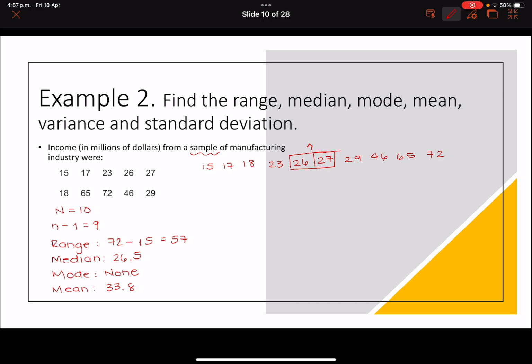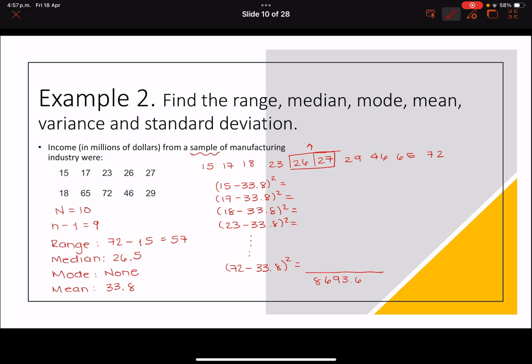Now to find the variance and the standard deviation. Again, I have 15 minus 33.8 squared, and then 17 minus 33.8 squared, 18 minus 33.8 squared, 23, and I do this with every data point until I get to 72 minus 33.8 squared. I add them all and I get 8693.6.